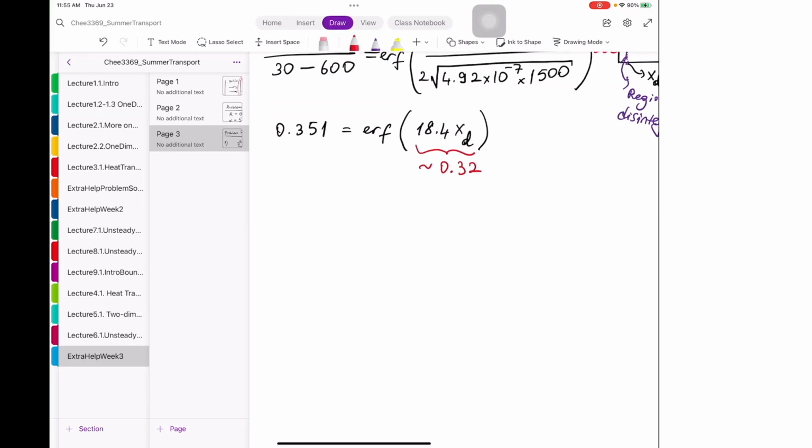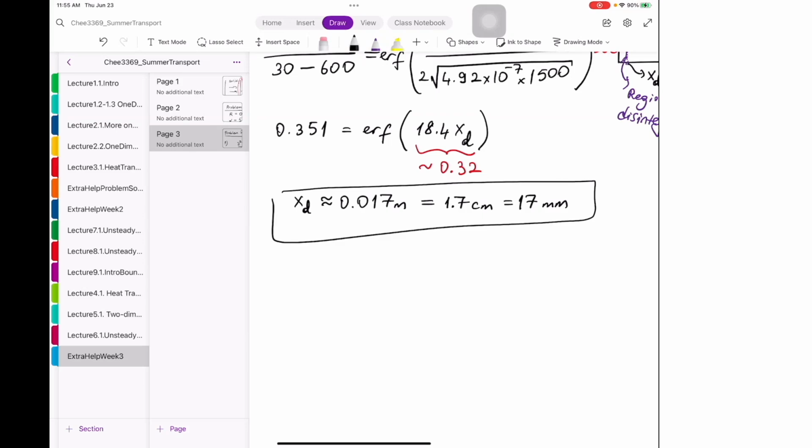And the xd comes out to be, since 18.4 xd is 0.32, roughly 0.017 meters. And this is equal to 1.8 centimeters, or in other words, 1.7 centimeters or 17 millimeters.